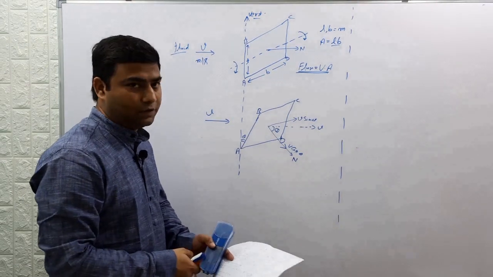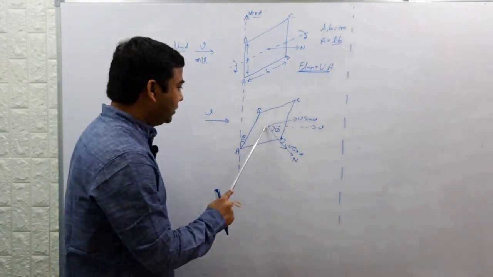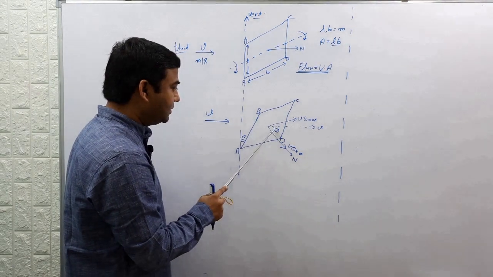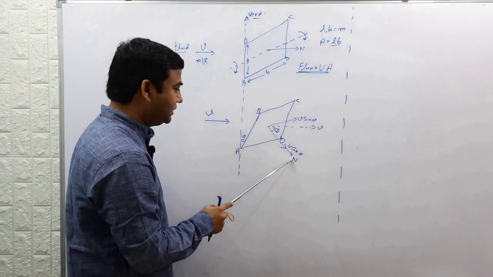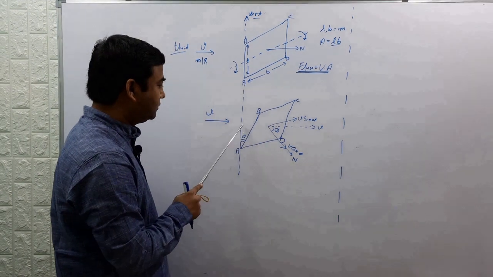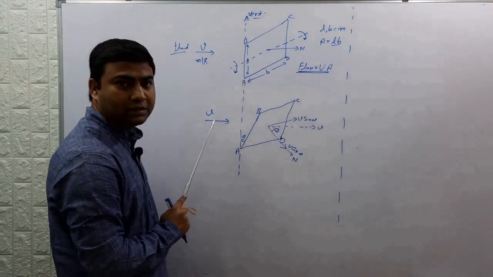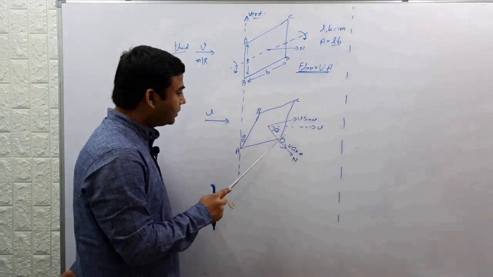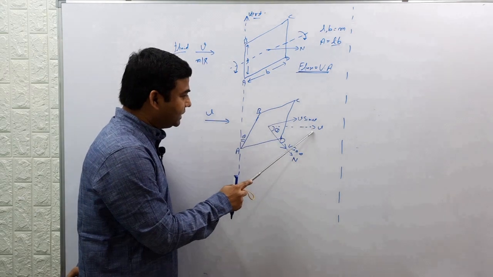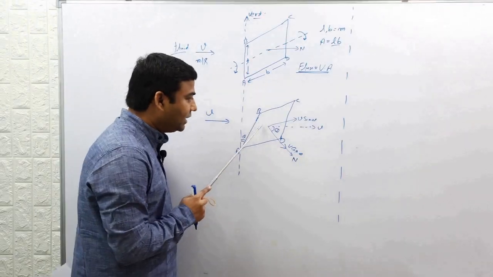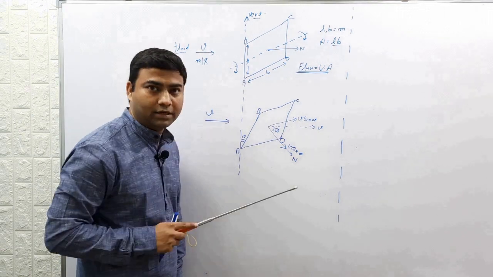This you can easily visualize. Velocity makes angle theta with the perpendicular on this plane, because this plane has been tilted by angle theta. So this theta and this theta will be the same. The component of velocity perpendicular to this area is v cos theta, and along the area is v sin theta.